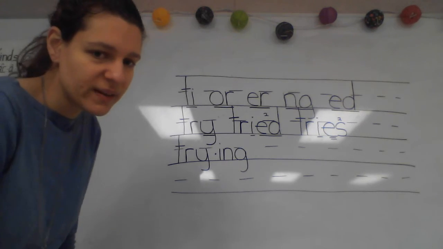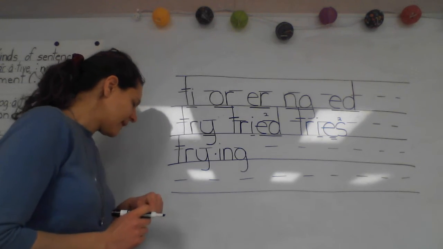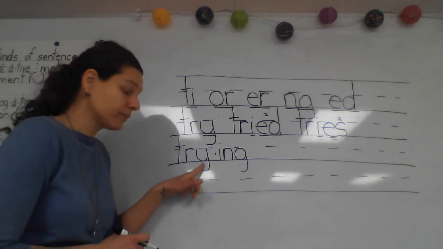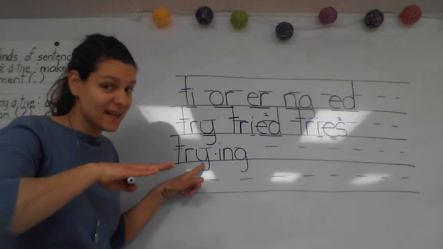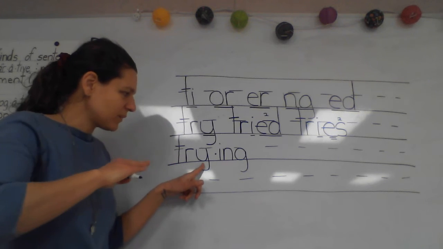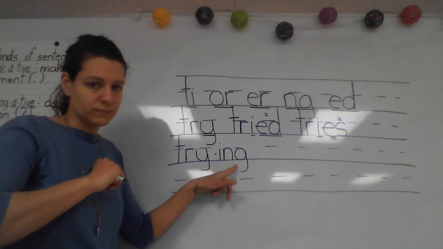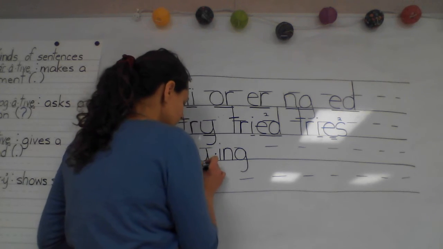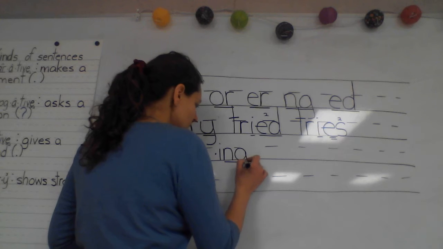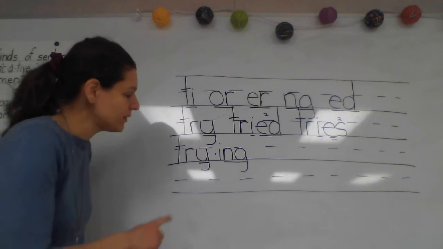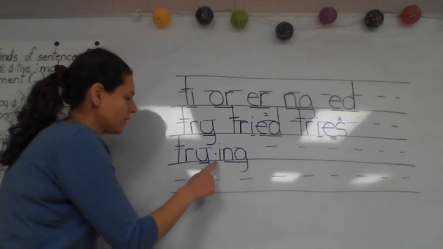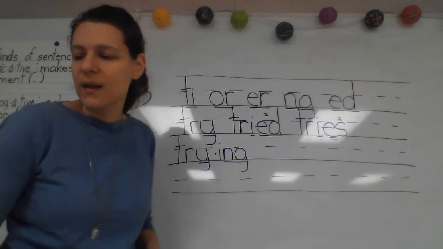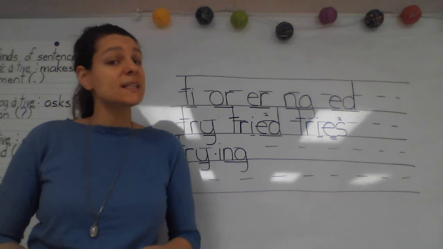All right, make sure your word looks like this. And let's mark it. Saying its vowel name, right? Good, pick up your pencil. And let's read our word. Good, trying.